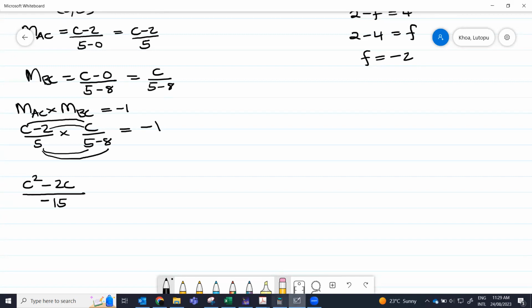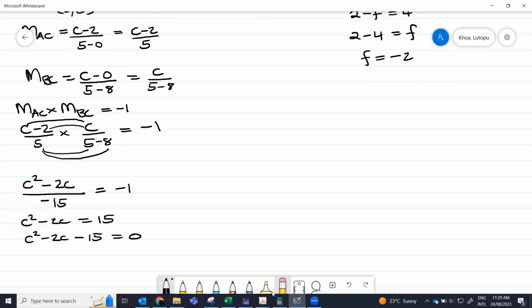Or you could do it the other way, where you say 25 minus 40, you should still get minus 15. Okay, and this is equal to minus 1, and now we multiply by minus 15 on both sides, so we have c squared minus 2c is equal to positive 15. This means c squared minus 2c minus 15, not plus 15, minus 15, is equal to 0.